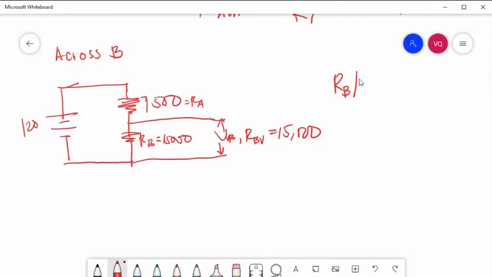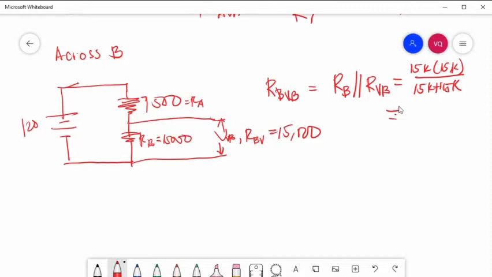So, RB in parallel with RVB is equal to 15,000 times 15,000 divided by 15K plus 15K. So, that is equal to 7,500 ohms.